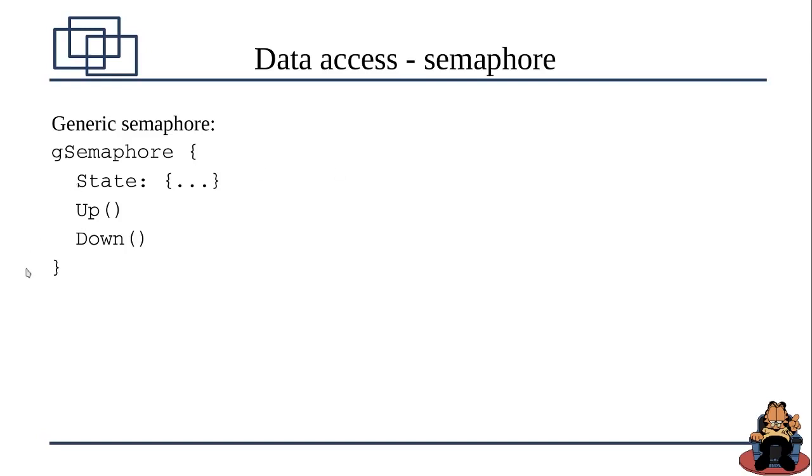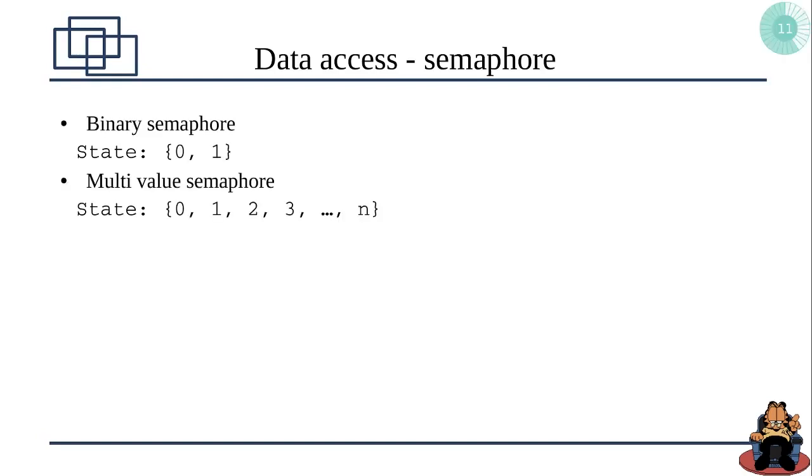And the down method iterates the state backwards from the last state to the previous until it reaches the first state. When the first state is the current state of the semaphore, and the thread tries to use the down method, the semaphore won't allow it and will put the thread to sleep.